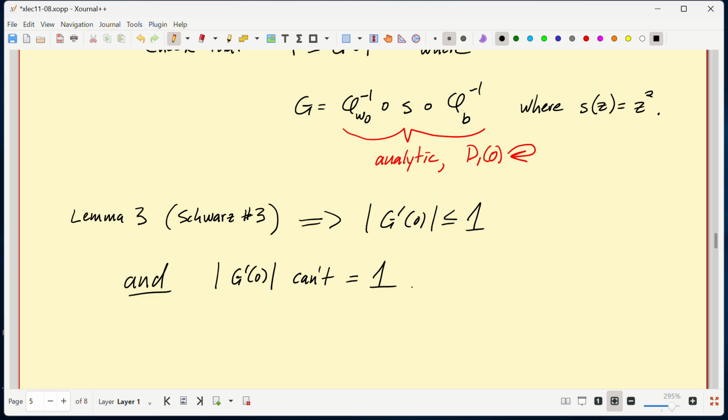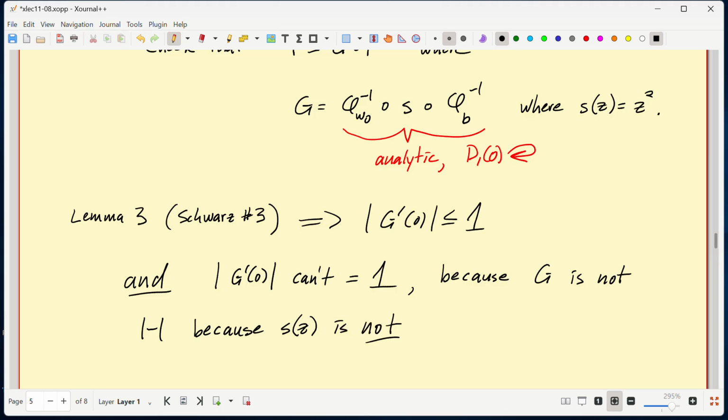Can't equal 1 because if that thing were just a rotation, it can't be 1 to 1, because G is not 1 to 1 because of that square function. S of Z is not. The other two are.